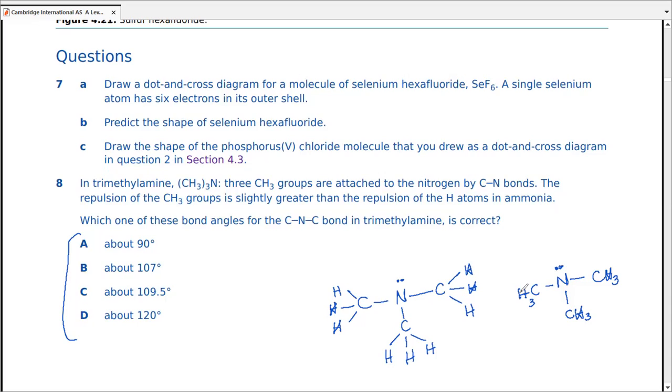107. Now, the angle for methane is? Sir, there are no answers. You sure? Yes, I think so. I think the answers are in between the glossary and the appendices. Not the exact end of the book, but a little before that.